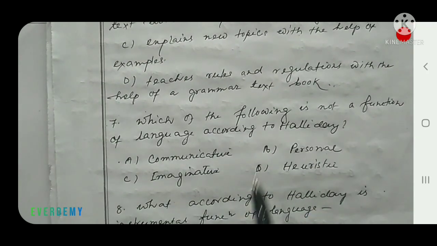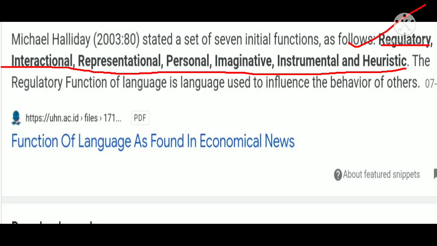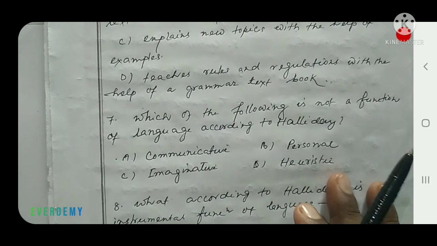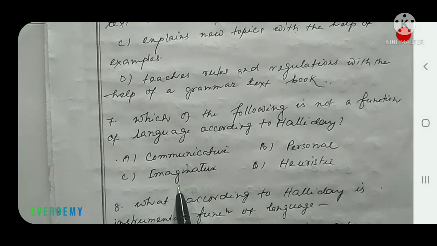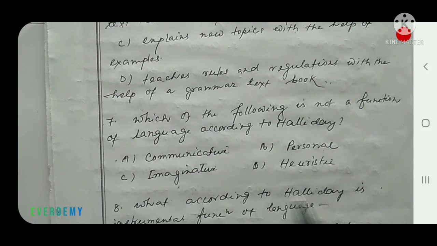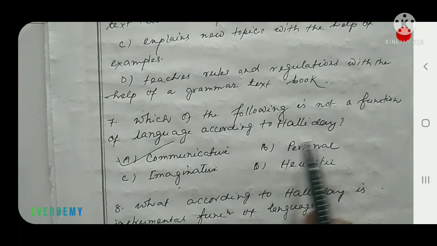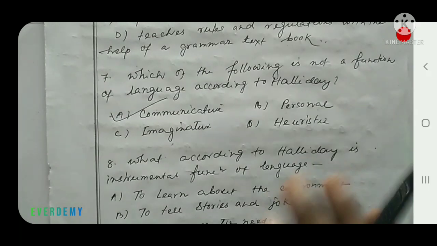Next 7. Which of the following is not a function of language according to Halliday? According to Halliday, these are the functions: personal, imaginative, and heuristic. So A is not a function of language according to Halliday.